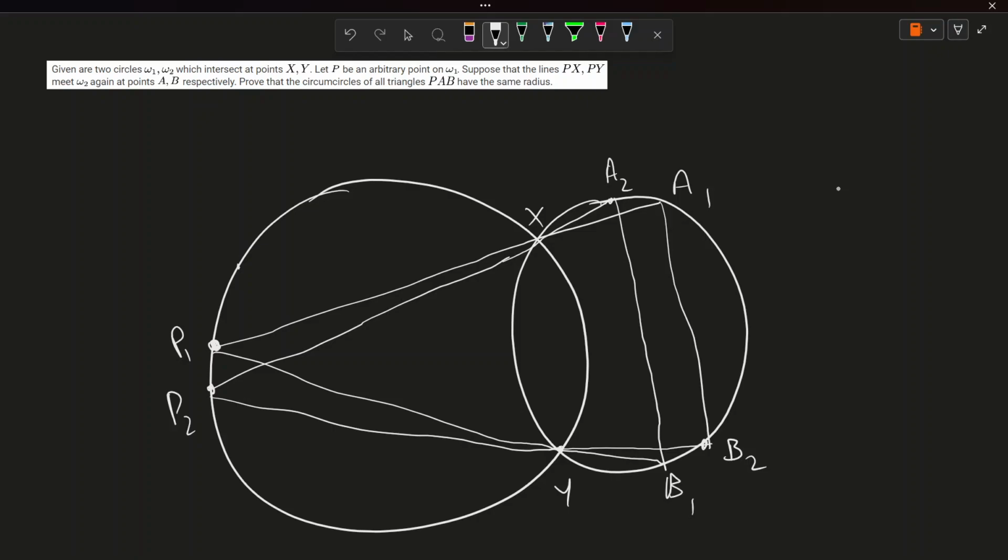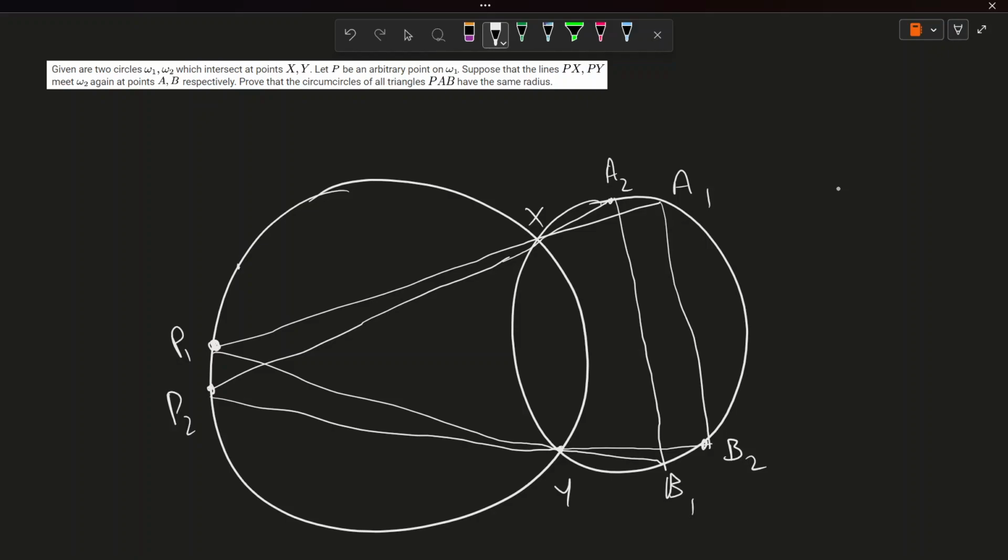One way to do it is we take 2 points P1 and P2 and show that their circumradius are same. Note that because these 2 points are selected arbitrarily, this means that we can do this for every pair of points and hence the circumcircle of all triangles PAB have the same radius. So we will prove that the circumcircle of P1 A1 B1 and P2 A2 B2 are the same.